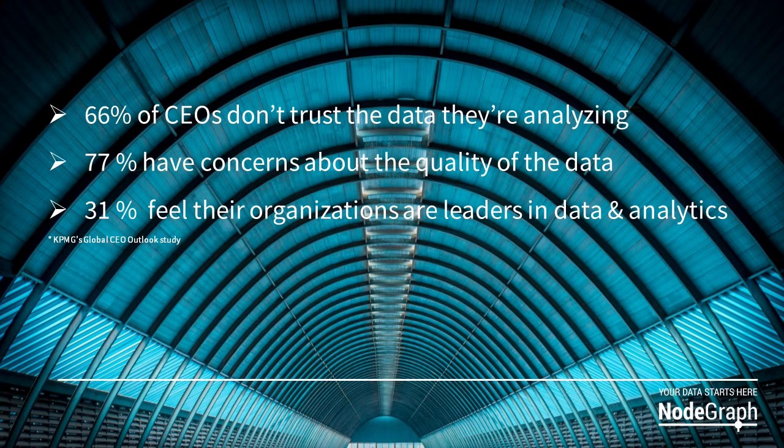I think these figures are quite dramatic. 66% of CEOs don't trust the data they are analyzing. 77% have concerns about the quality of the data, and only 31% feel that their organizations are leaders in data and analytics. And this proves something for us. There is a lack of trust in the data, and that is not only to be said from a technological standpoint. This actual lack of trust in data.